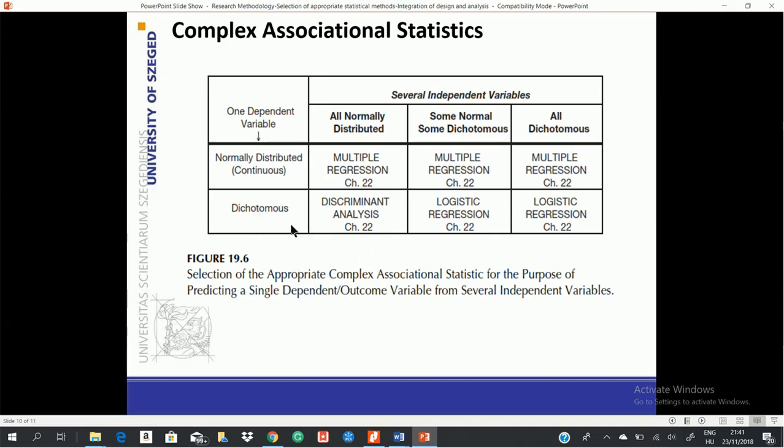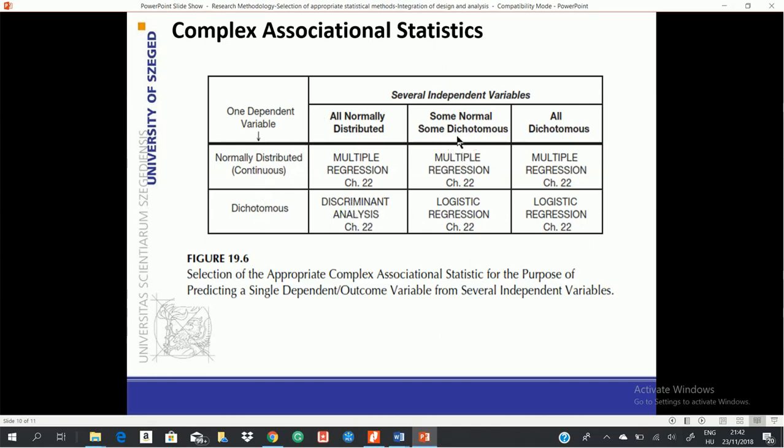It's dichotomous data. Okay, if there is one dependent variable but several independent variables are normally distributed, you can use multiple regression for continuous data. But for this dichotomous data, you can do discriminant analysis.